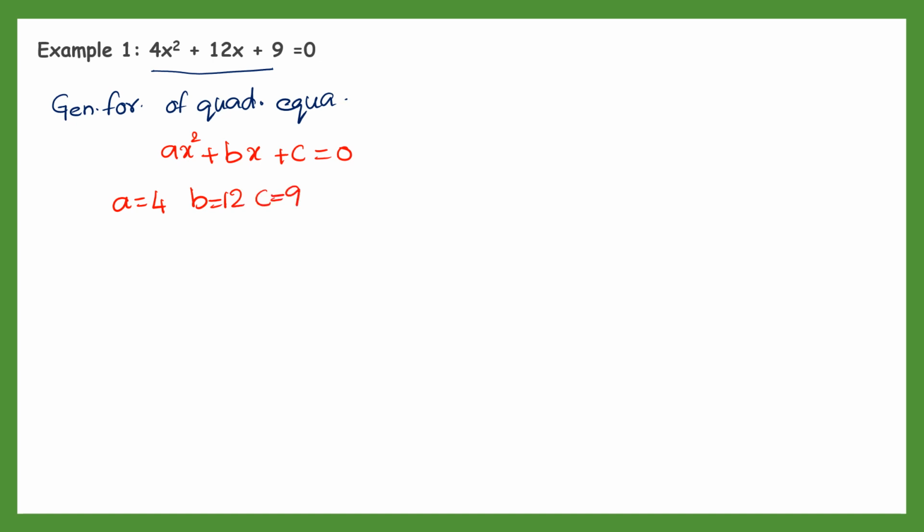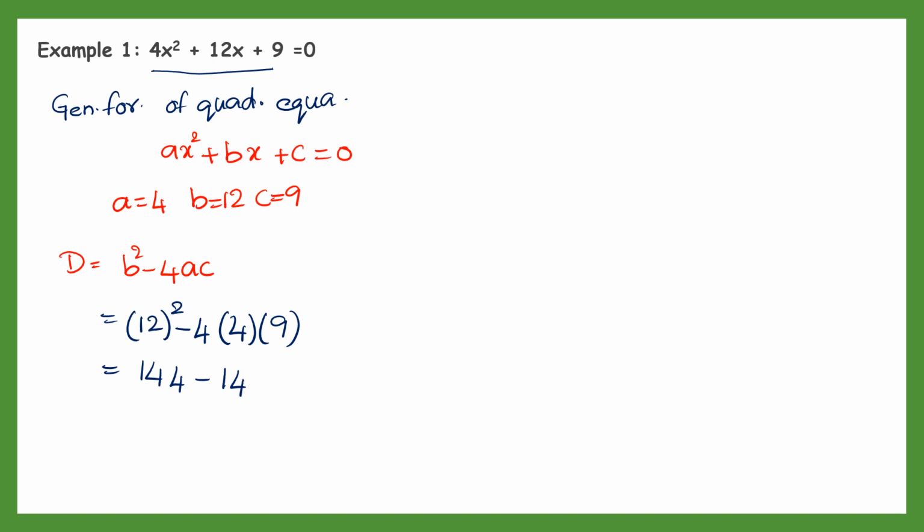Now let's find the discriminant. Discriminant D is equal to b² - 4ac. This is the discriminant. Let's find the value of it. b² means 12² minus 4 times a, where a is 4 and c is 9. 12² is 144. 4 times 4 is 16, and 16 times 9 is 144.